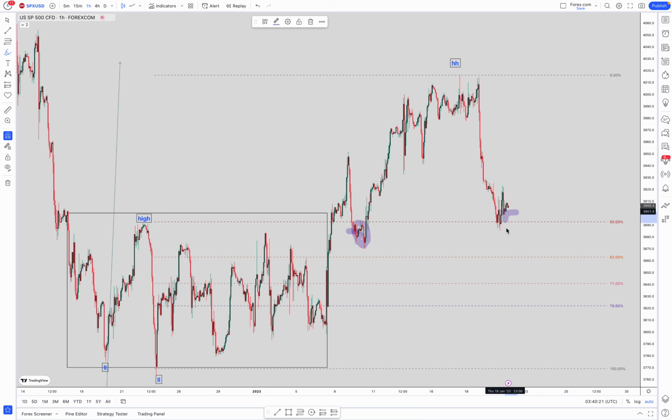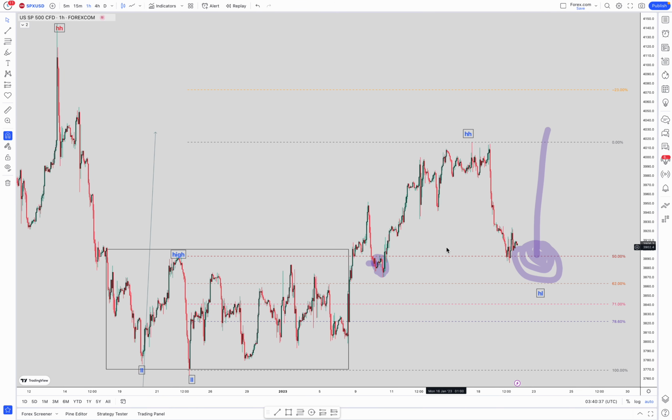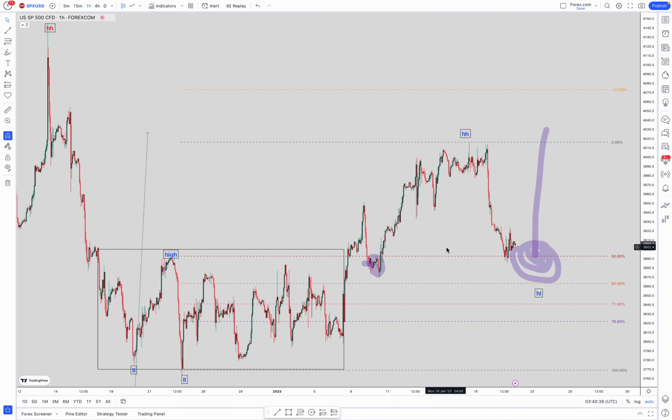So if the market waits here, it can create a higher low. As you can see, we can create a higher low over here around this region and go higher, essentially.